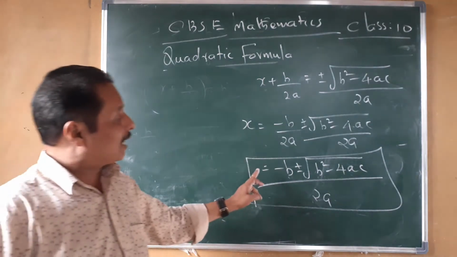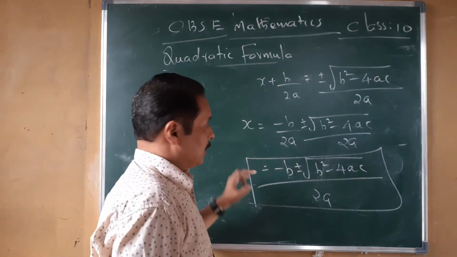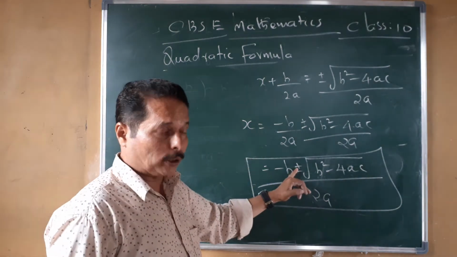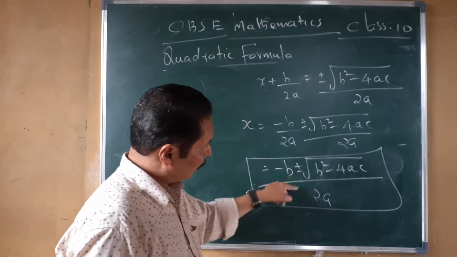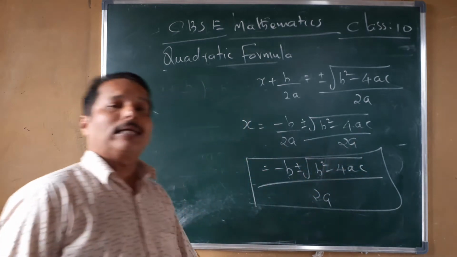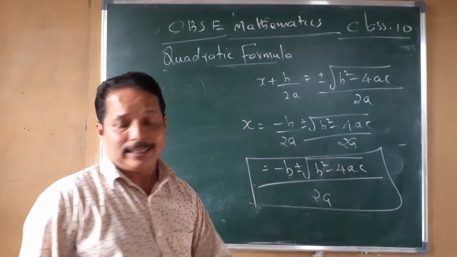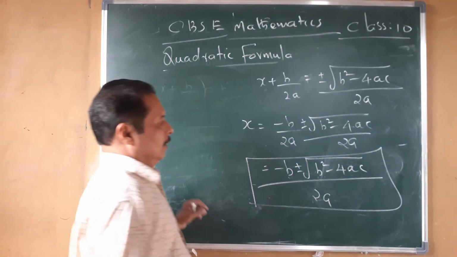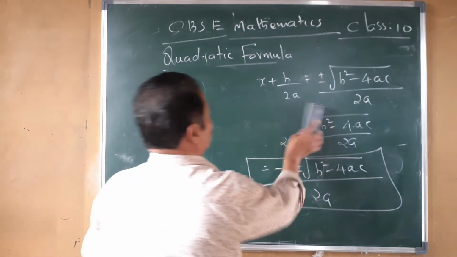That is the quadratic formula. In a quadratic equation ax square plus bx plus c equal to 0, the root is equal to minus b plus or minus root b square minus 4ac by 2a. Is it clear? That is the quadratic formula. In any problem, you use this formula, you find the roots of the equation.